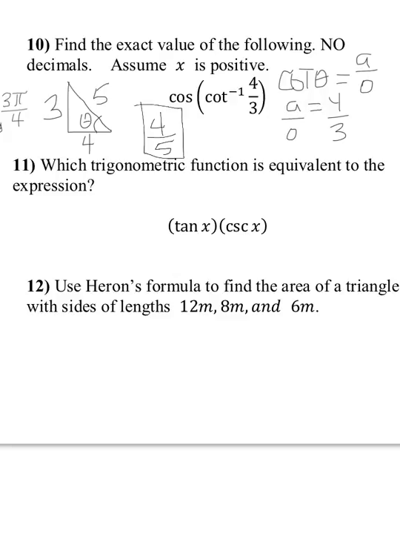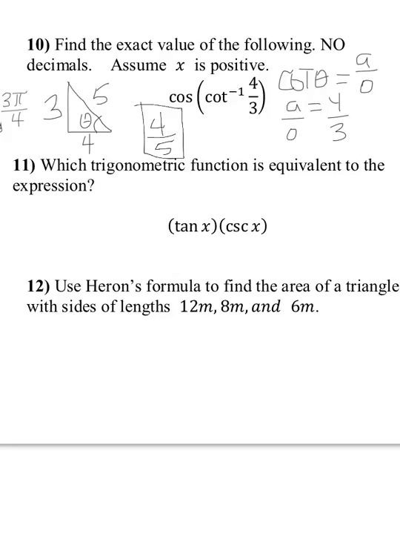All right, problem number 11, all we have to do is simplify. When we're simplifying trigonometric functions, we want to change all of our tangents, cosecant, secant, whatever we have, into sine and cosine and simplify.